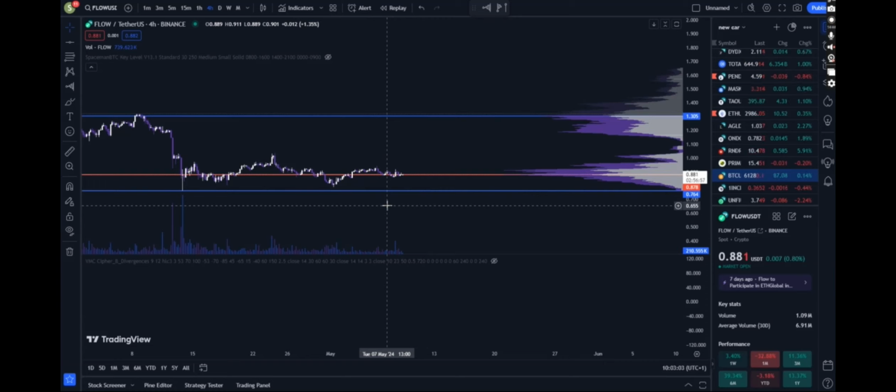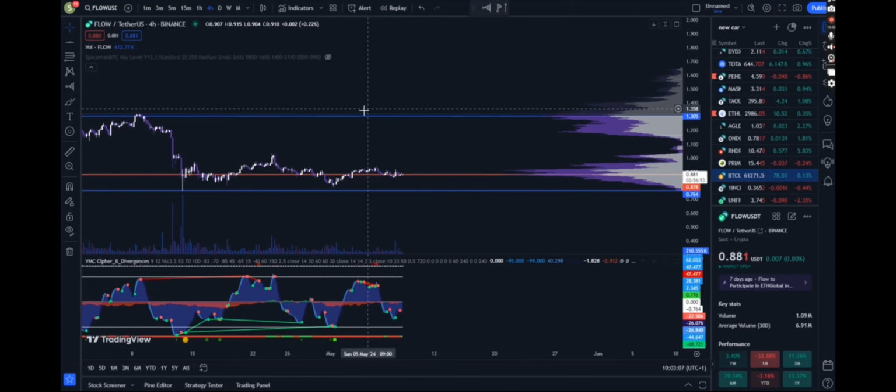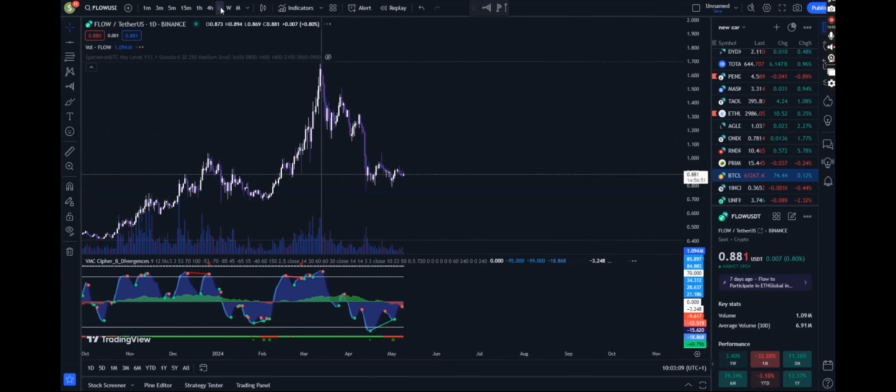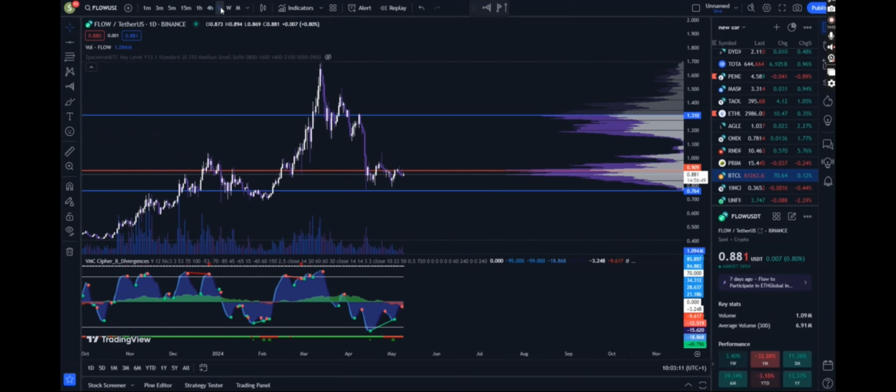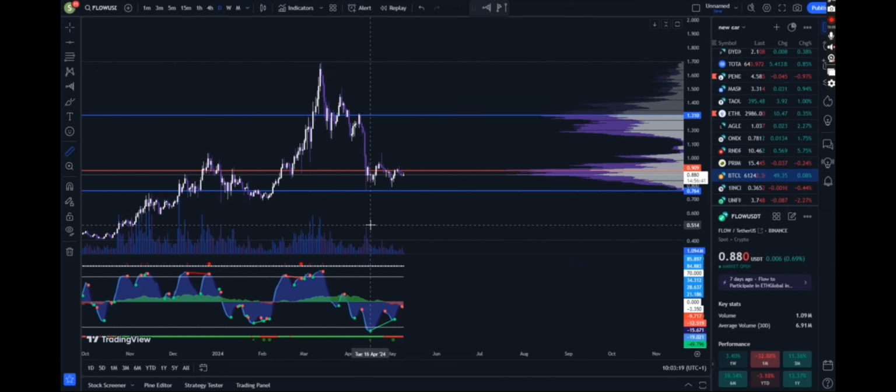And then you've also got other confluences, like I say, if you use your market cipher, go onto your daily and have a look at your market cipher here. You've got your green dot at this area.